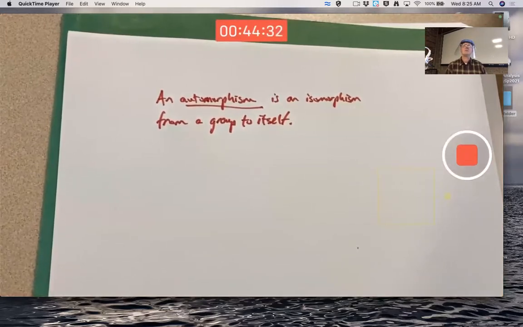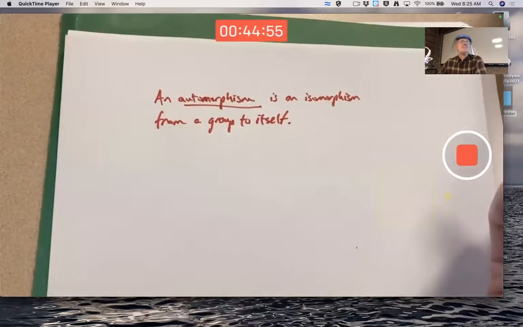An automorphism is an isomorphism from a group to itself. There are more morphisms even besides isomorphisms and automorphisms. We're going to see later on that there's something called a homomorphism. And you can also specialize to what are called endomorphisms and epimorphisms. Lots of fun names.